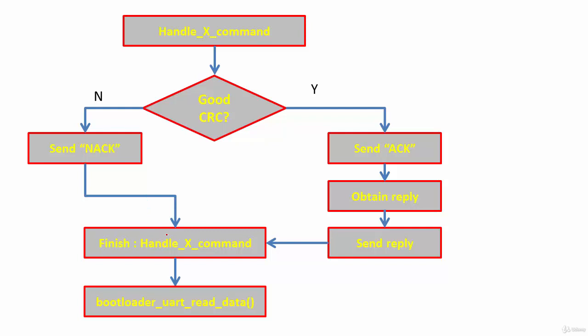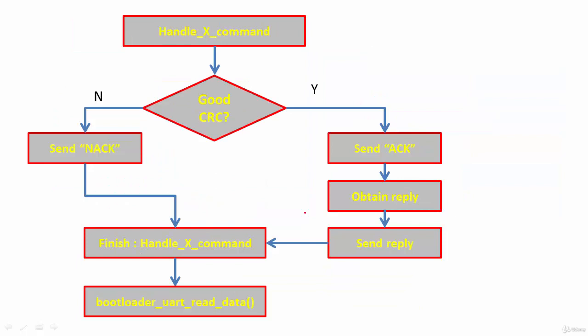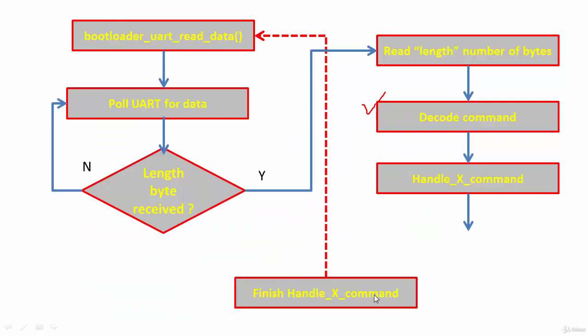That means we return from the handle function and come back to the bootloader UART read data function, and again we start polling for the bytes from the host. So finish handle X command means returning from the individual handle function.